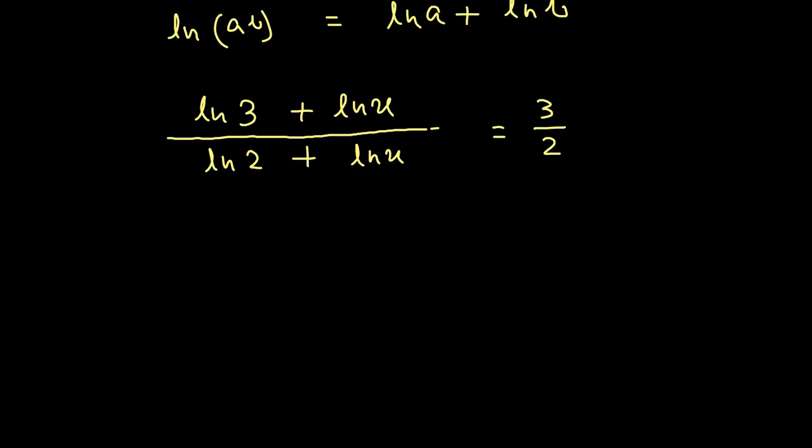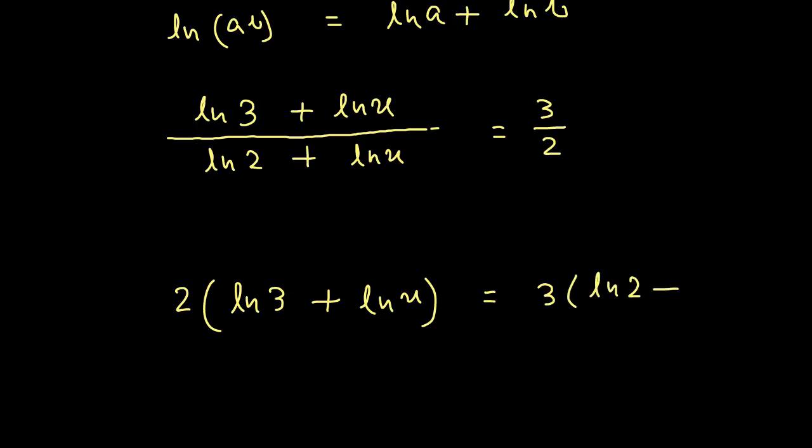Next we can cross multiply and we can write 2 times (ln 3 plus ln x) equals 3 times (ln 2 plus ln x).